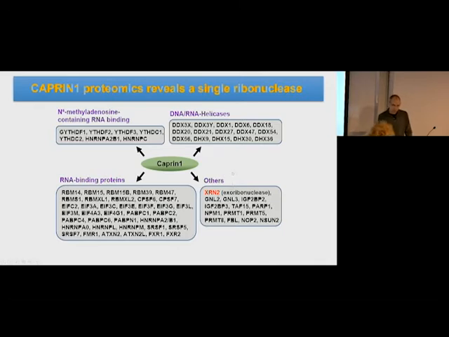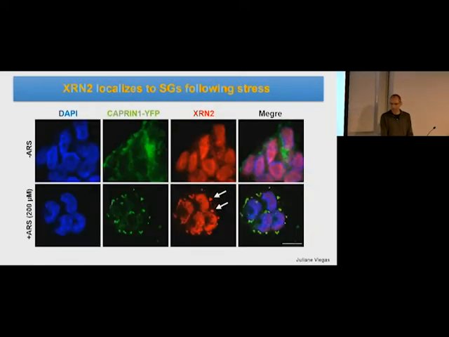Yes, so we were trying to phenocopy caprin-1 knockout with XRN2 knockout. XRN2 is essential for any cell, and it's impossible to knock out. So we're doing knockdown experiments, and actually the knockdown phenocopy okay. The problem is the levels of knockdown. If you knock down too much, they're completely unhappy. But we've tested so far XRN2. And with the YTH ones? I don't know yet.